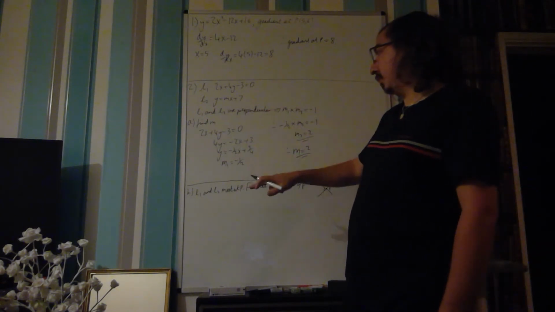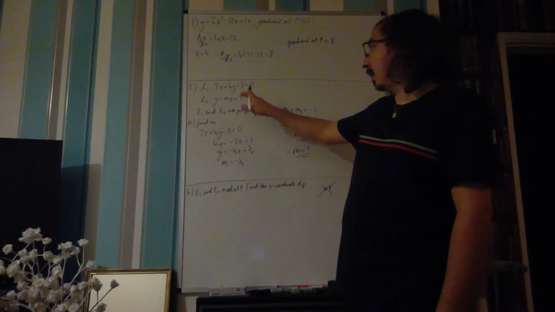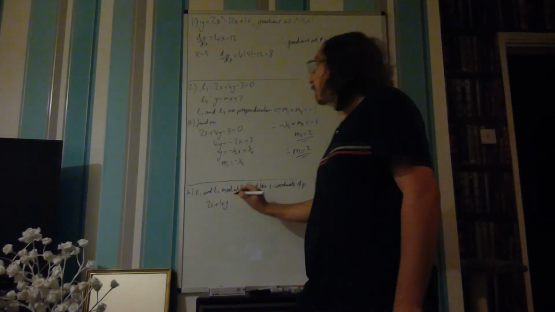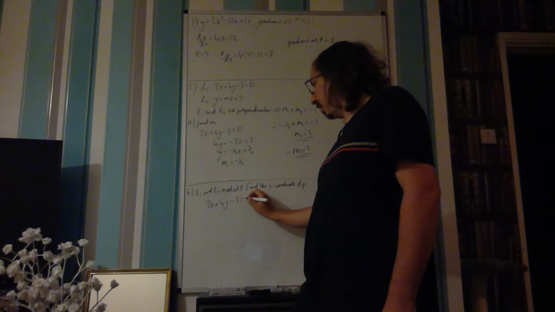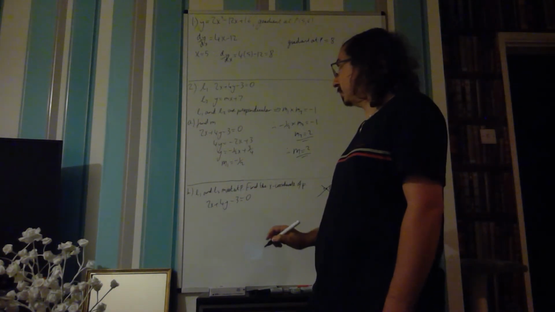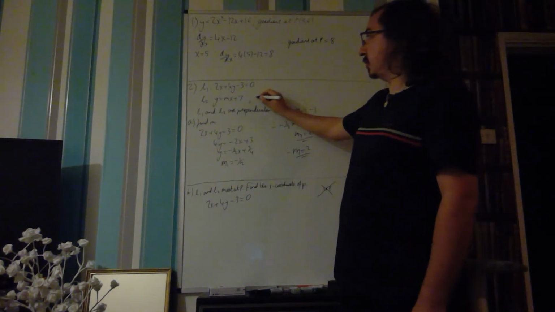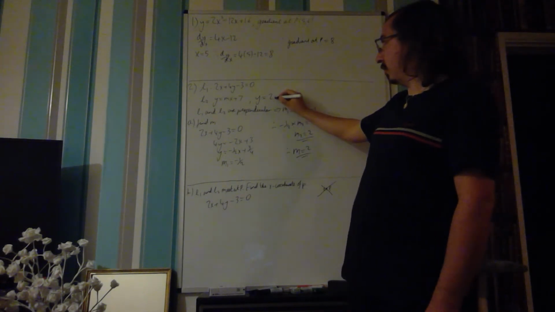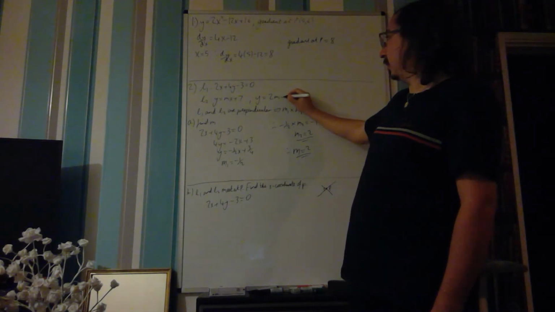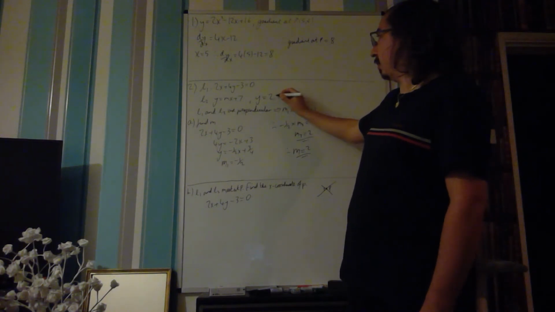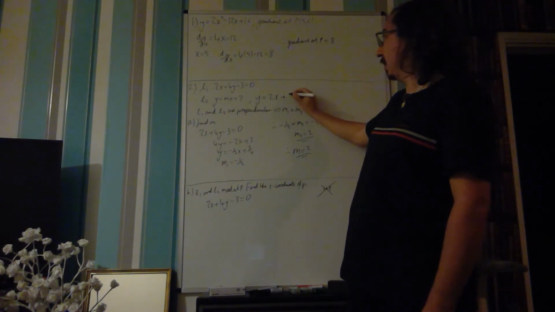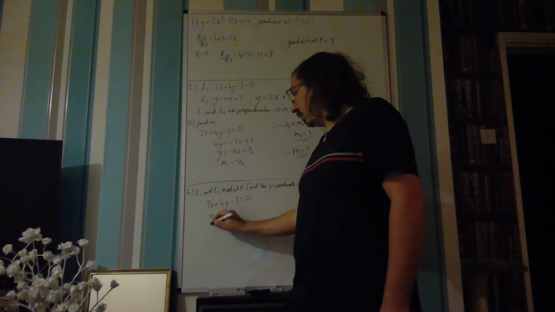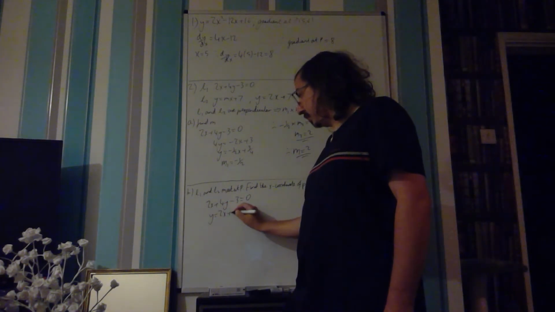So if we take our 2 equations, we've got 2x plus 4y minus 3 is equal to 0. Let's just rewrite our line L2 with the new gradient, so y is equal to 2x plus 7.